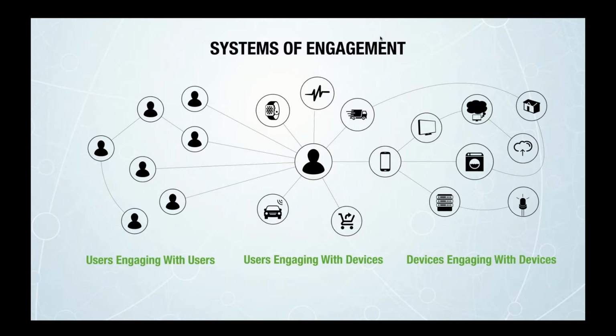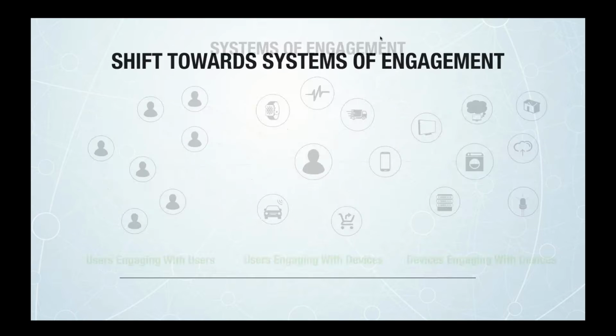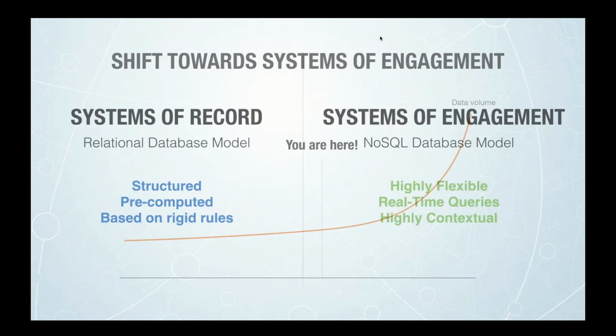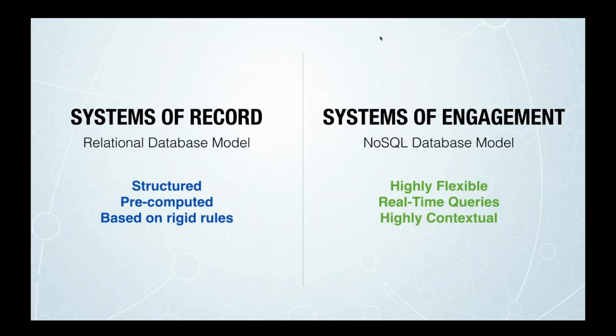Think of the Internet of Things. And so really with the shift towards systems of engagement, we're seeing this huge growth in data volume. And it's important to realize that we're only at this point in this huge exponential growth in data volume. So we really have big changes coming. So it's really important that we make sure that the technology that we use to represent and work with this data are able to handle this huge explosion in data volume that we have.